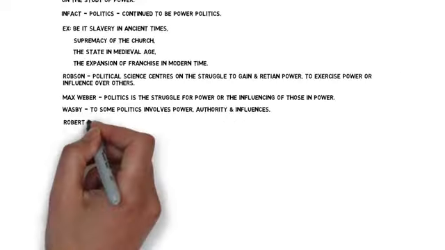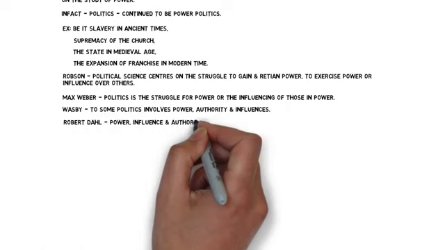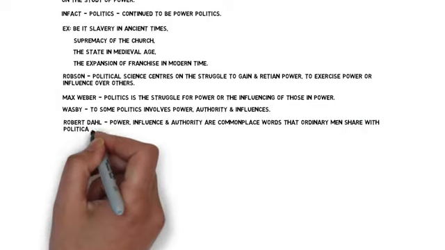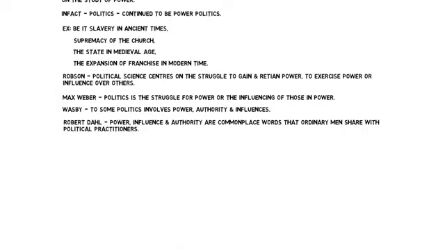Moving on to the last scholar, Robert Dahl. In his famous work Modern Political Analysis, he has written that power, influence, and authority are commonplace words that ordinary men share with political practitioners and political theorists. And therefore he says power has different manifestations.